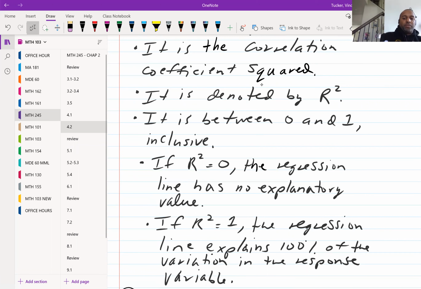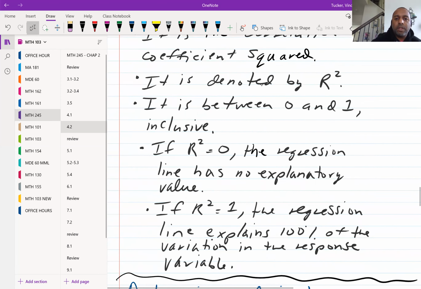If it's equal to 1, the regression line explains 100% of the variation in the response variable. All right, everybody good before we go to the example?